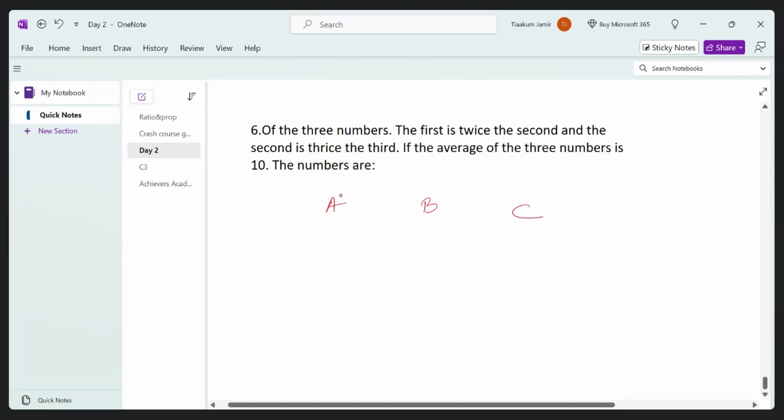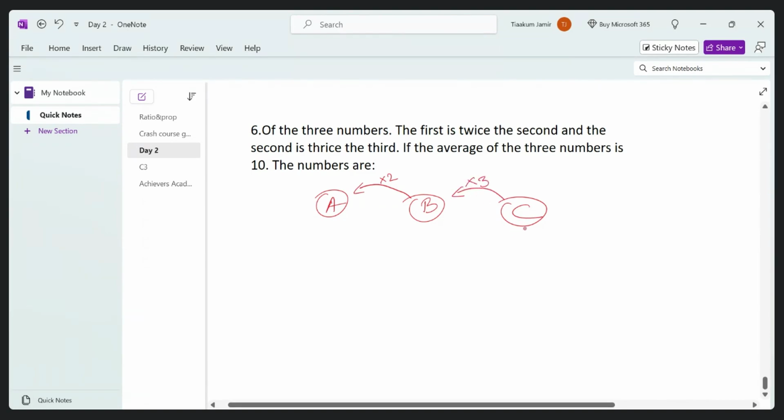This is the first number, second number, third number. The first is twice the second, and the second is twice the third.